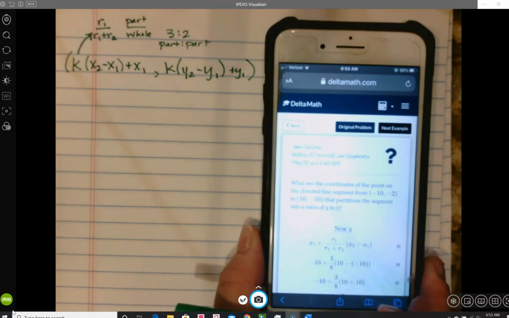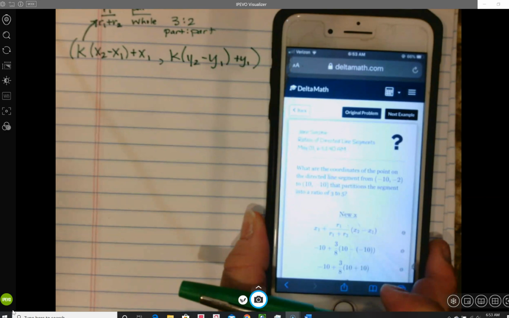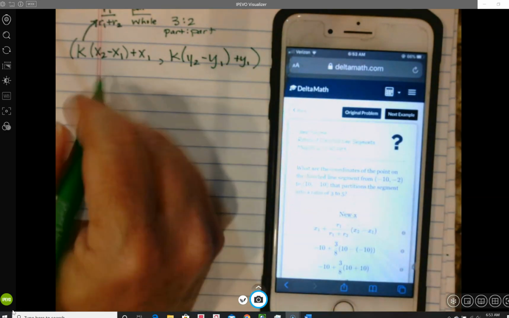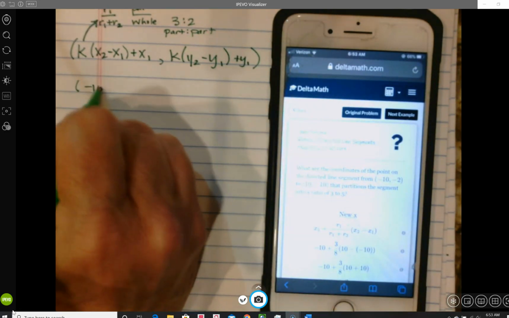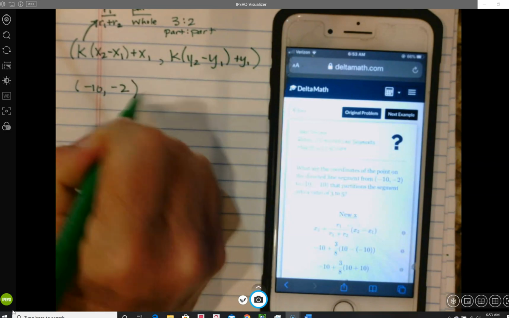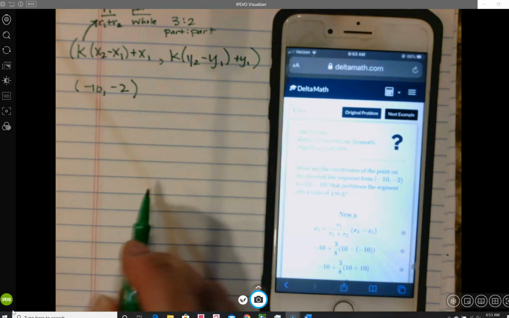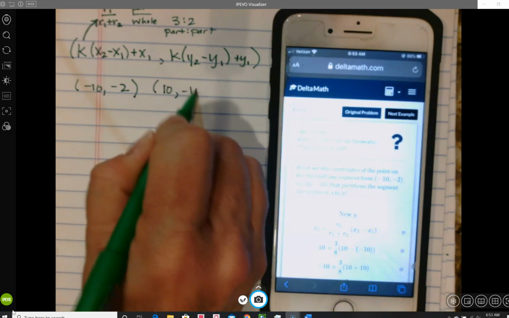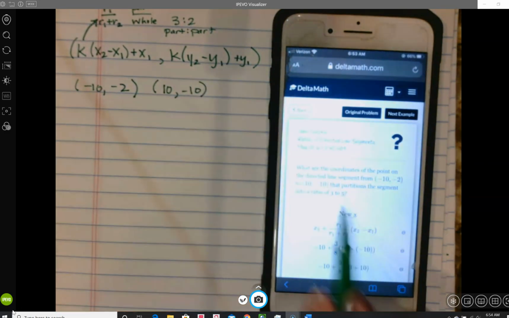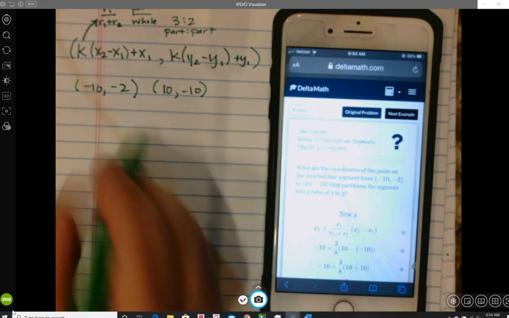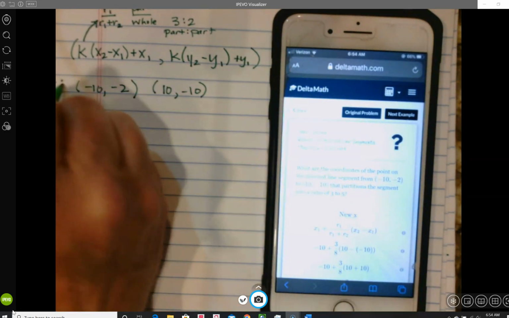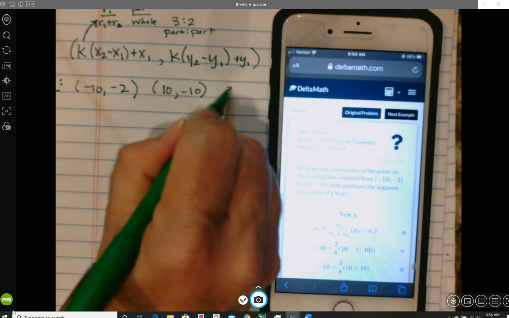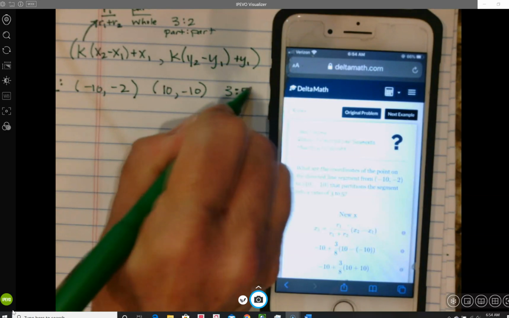We get a new problem with endpoints of -10 and -2 and 10 and -10. And they're asking us for a ratio, so this is the example. They're asking us for a ratio of 3 to 5.